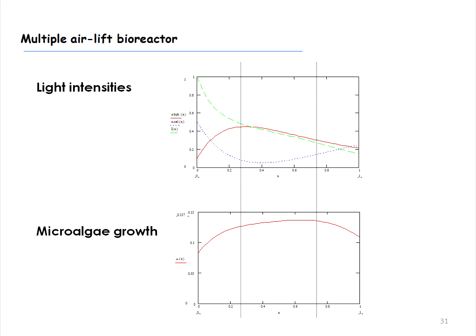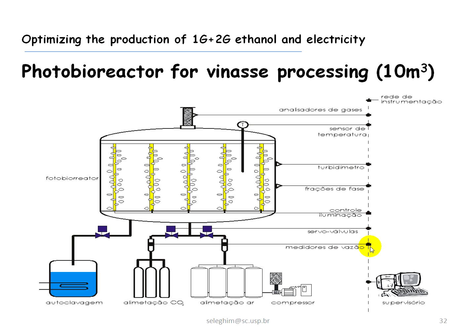Okay, so what we did, we put all these calculations into our designing machine, that previous slide that I showed you, where you have the CFD platform and the optimization method, and we designed a photobioreactor based on this procedure. What we're now doing, we are building a photobioreactor, a 10 cubic meter photobioreactor, in order to verify, to validate all these calculations.